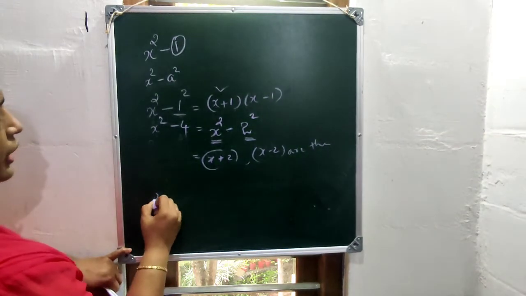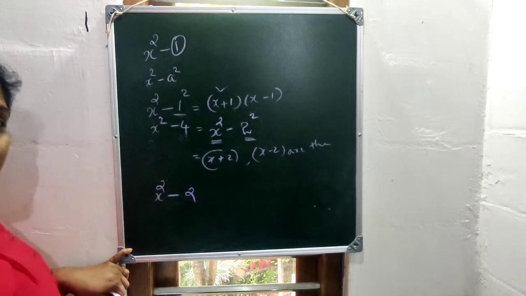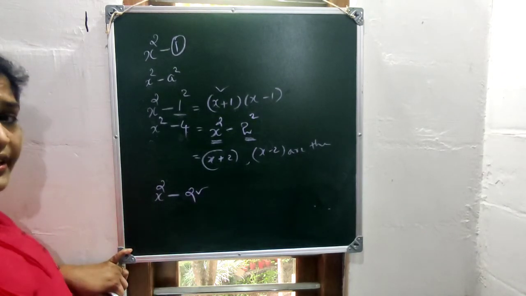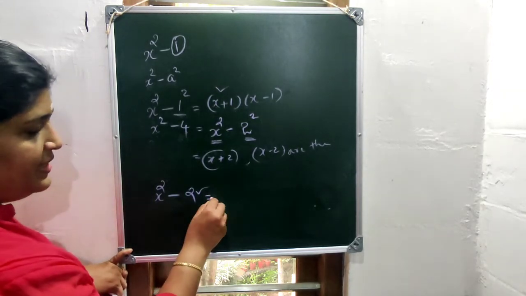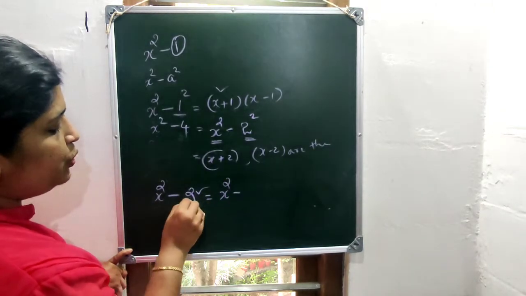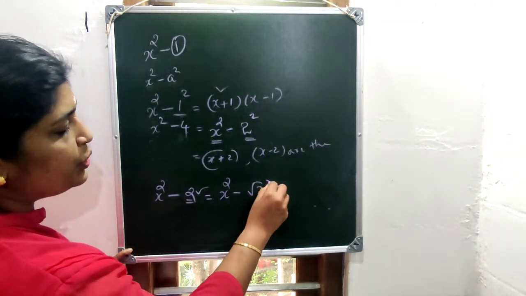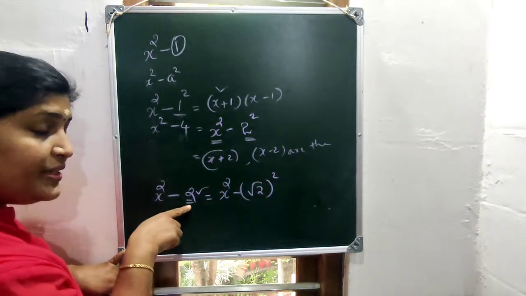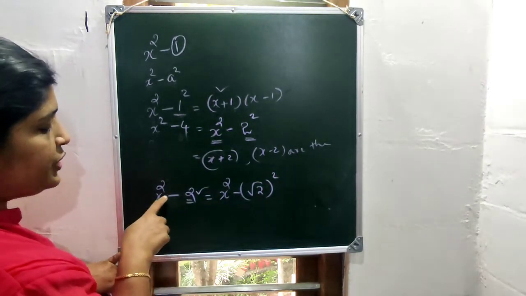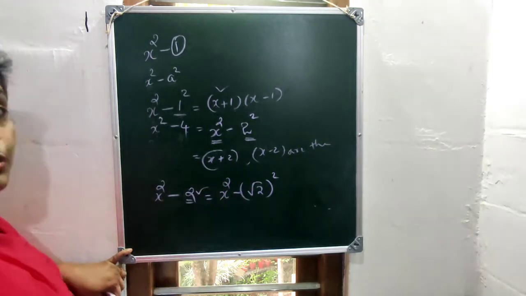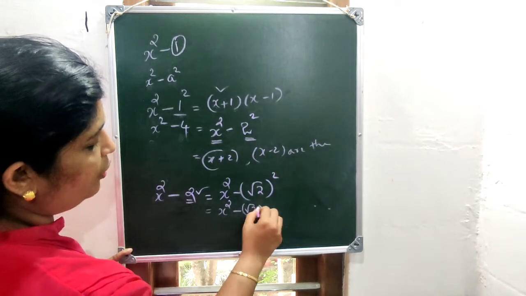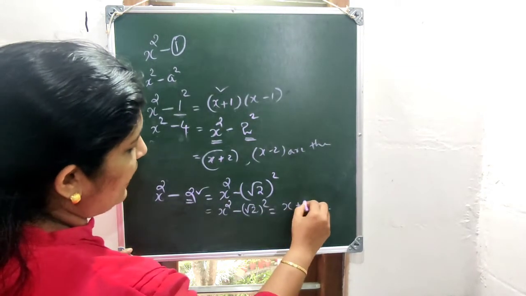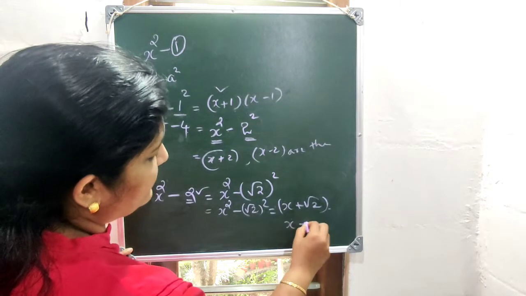Can you tell me what are the factors of x square minus 2? Is this 2 a perfect square? No. But we know its square root. What is its square root? It is an irrational number, right? We can write this 2 as the square of root 2, right? Root 2 square is 2. So we can write this x square minus 2 as x square minus root 2 the whole square, which we can write as x plus root 2 into x minus root 2.